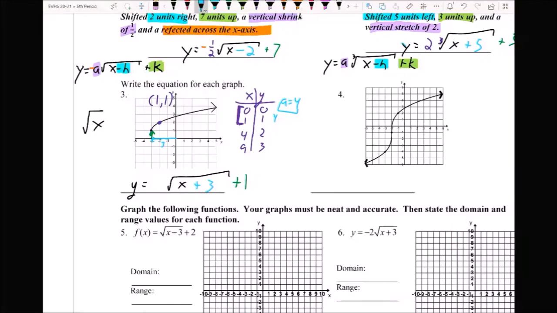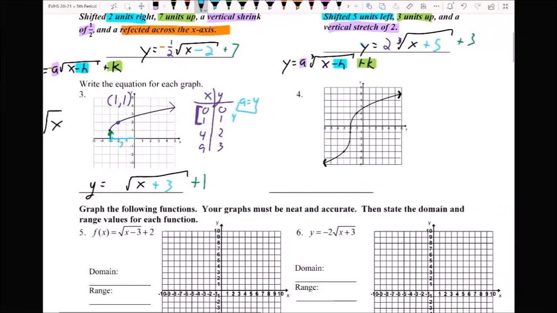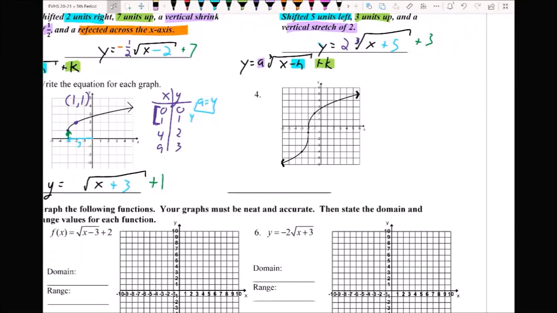Okay, let's jump over here now to number 4. We've got a cubed root. So we've got y equals cubed root of x. And let's see if we can figure out where exactly the center point is. Let's see. Oh, look, it's actually been marked for us.